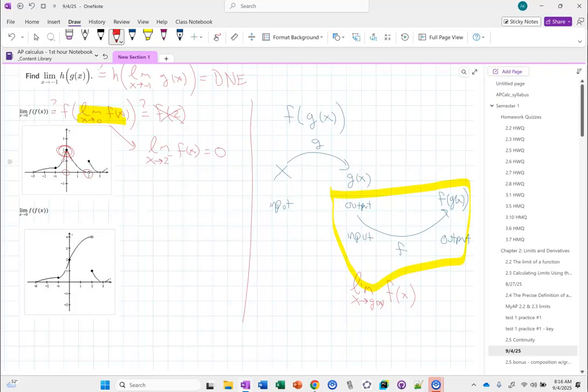So I can rewrite this limit of a composition as the limit as x goes to that maximum value from below, because the graph is always less than 2 in the neighborhood of 2, of f of x. And that we can evaluate.